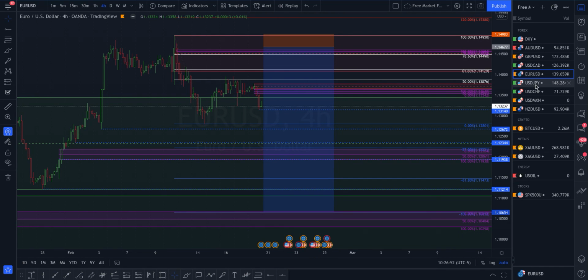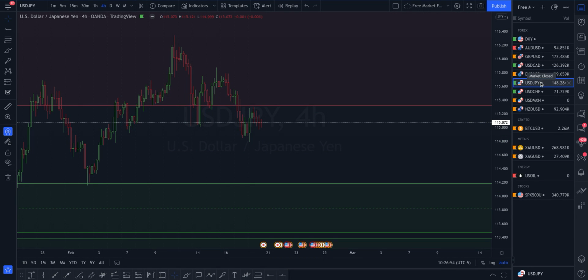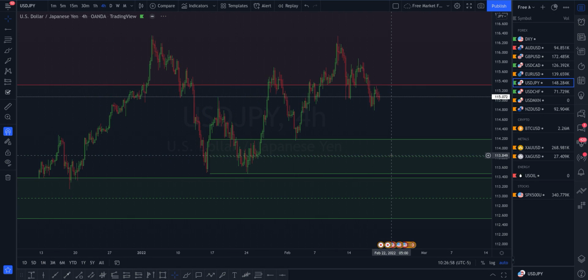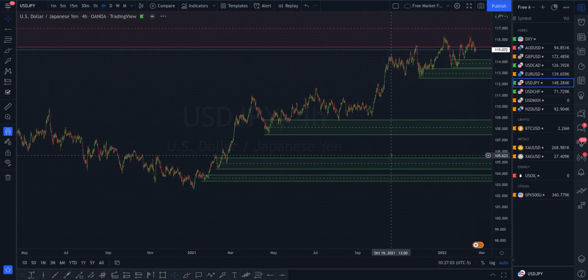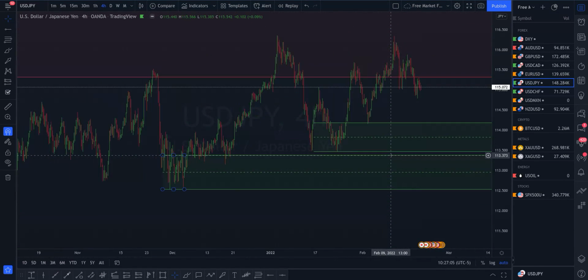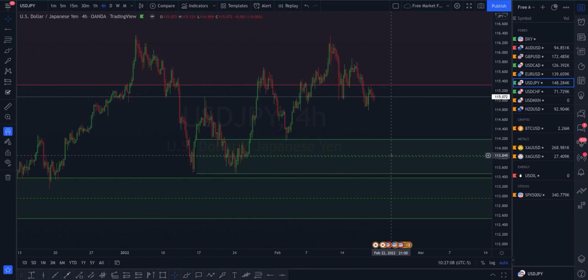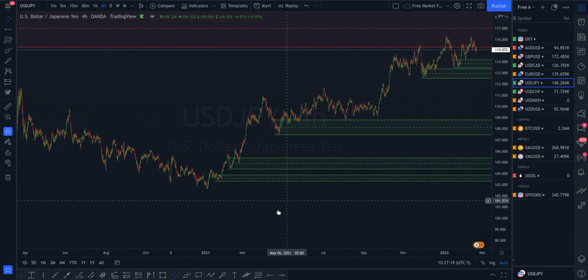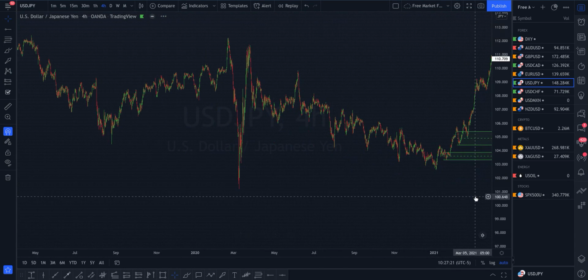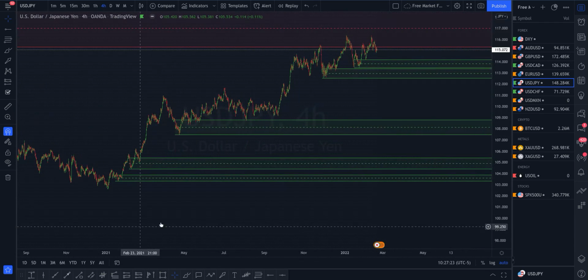Okay. All right, guys. USD JPY. We have our institutional bias as being bullish. All right, so we want to look for longs here. Let's take a look at the market structure. See this most recent leg.